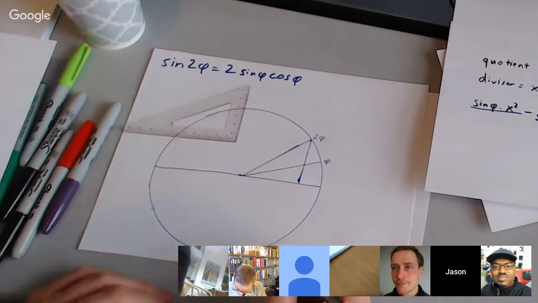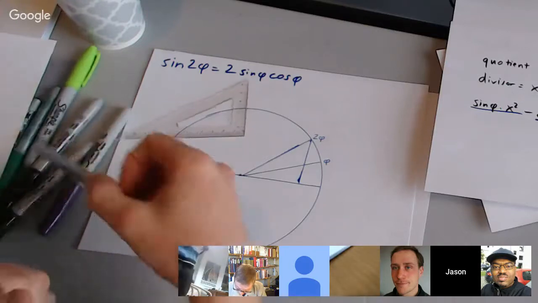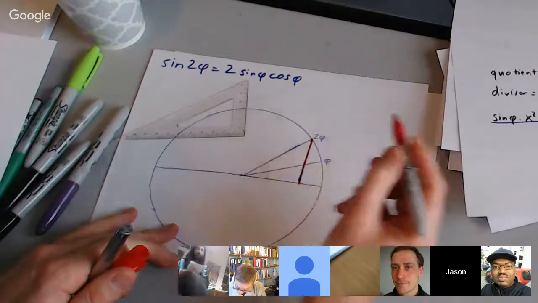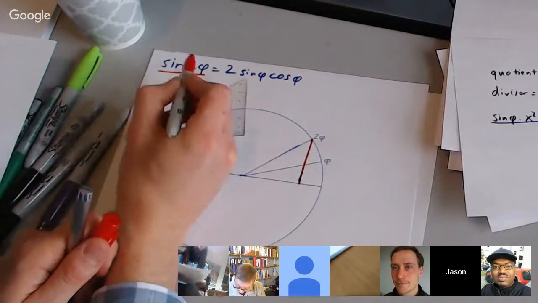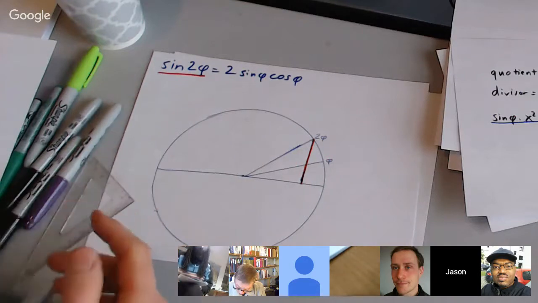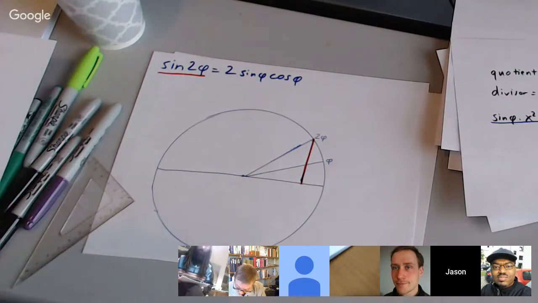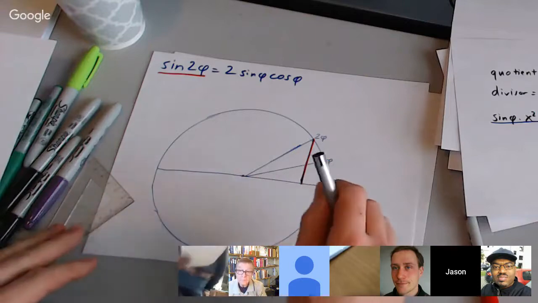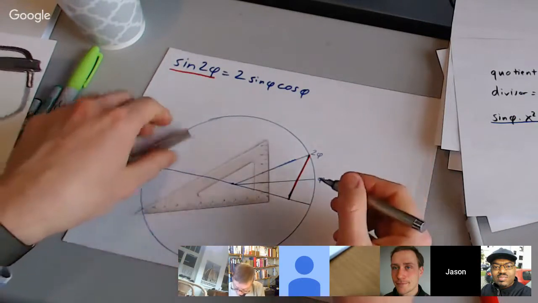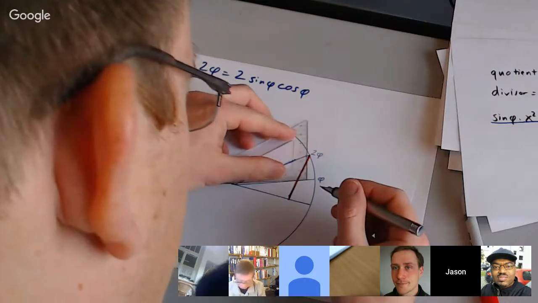Okay, so what we're looking for is the sine of 2 phi. Now I'm just going to draw a couple more lines here as a hint and see if any ideas come to you, okay?